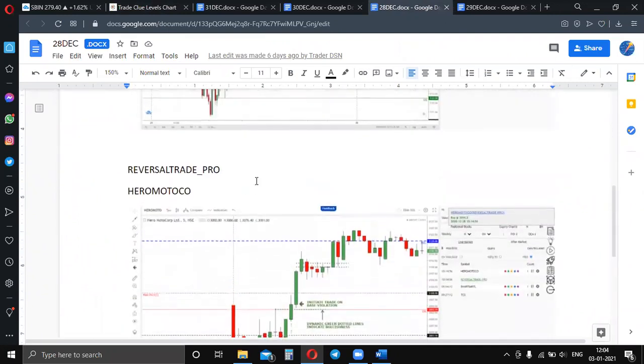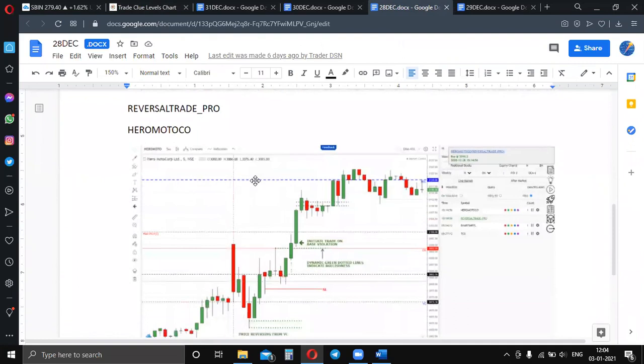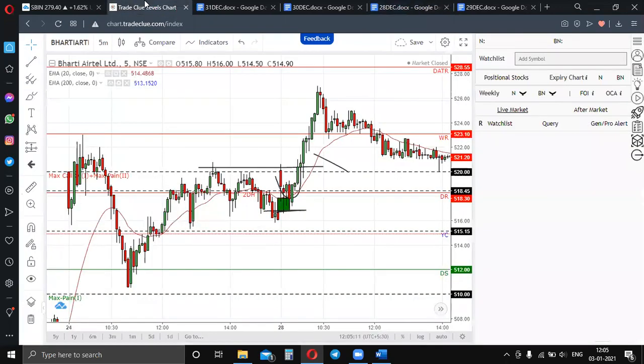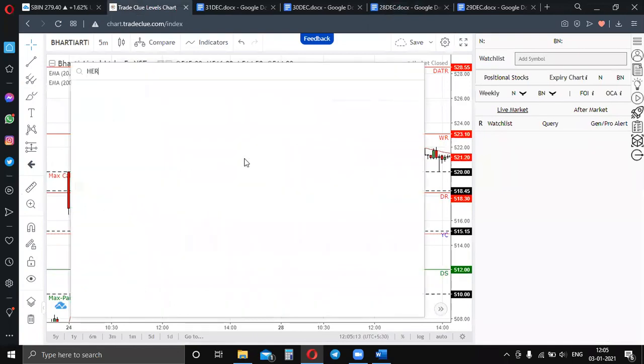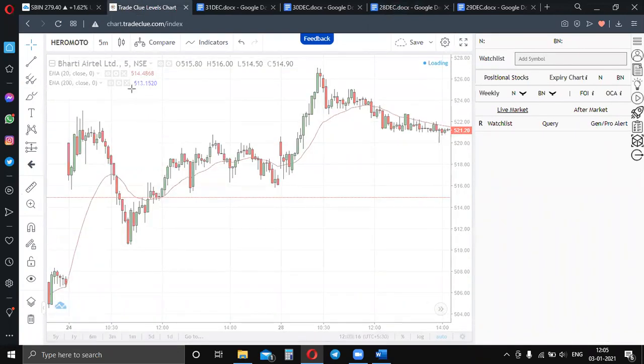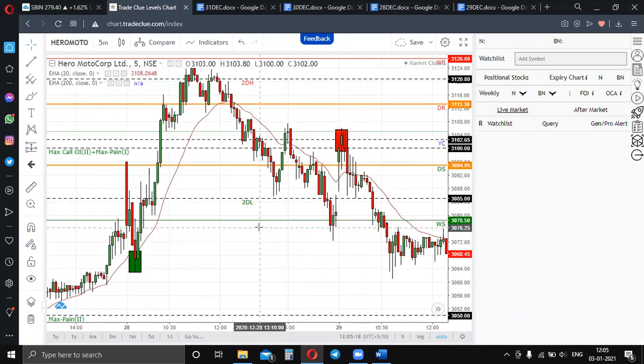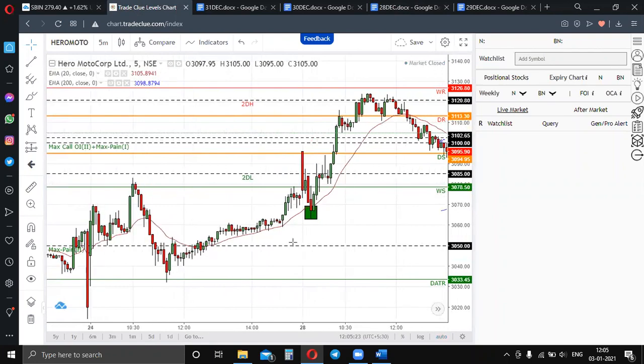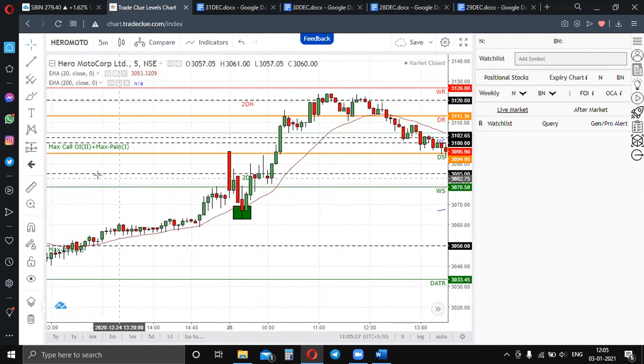Second was the reversal trade pro for Hero Motocorp the same day. So this was the day. As soon as it started forming a base, now there's another type of base it formed.